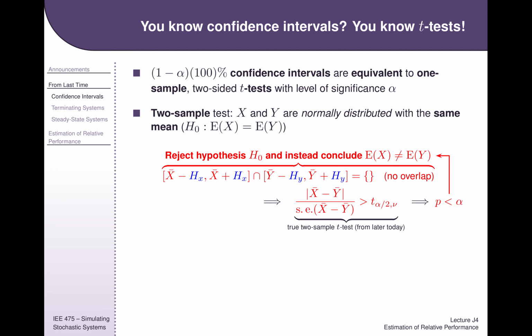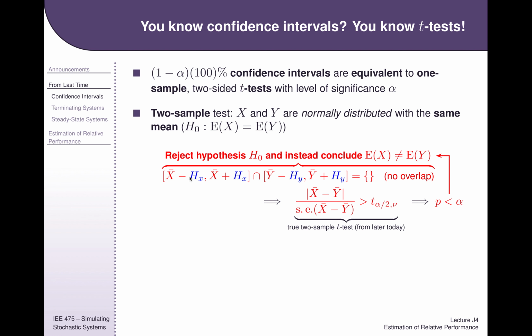But in the particular case that these one-sample confidence intervals have no intersection, so that's what this means here: this interval intersected with this interval is the empty set. That's what this notation means.